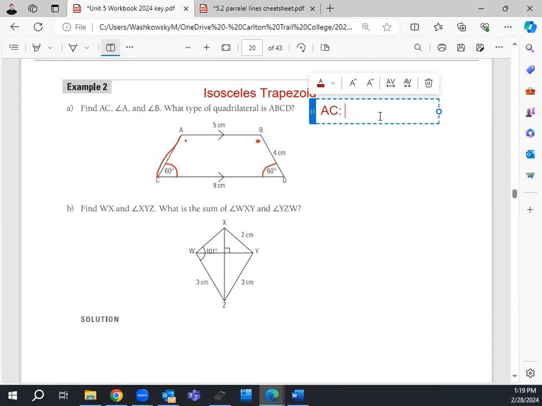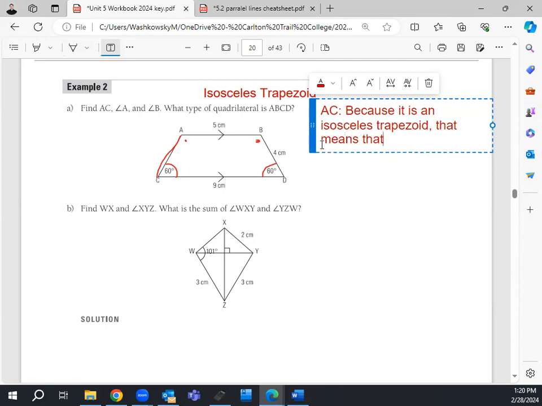Well, for AC, because it is an isosceles trapezoid, that means that AC is equal to BD. We know what BD is. BD is 4 centimeters long.